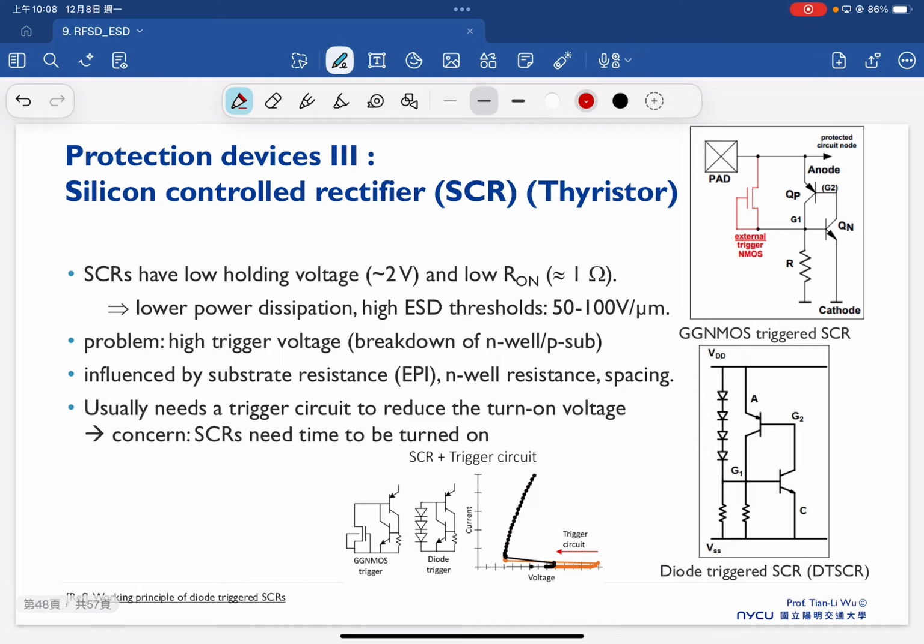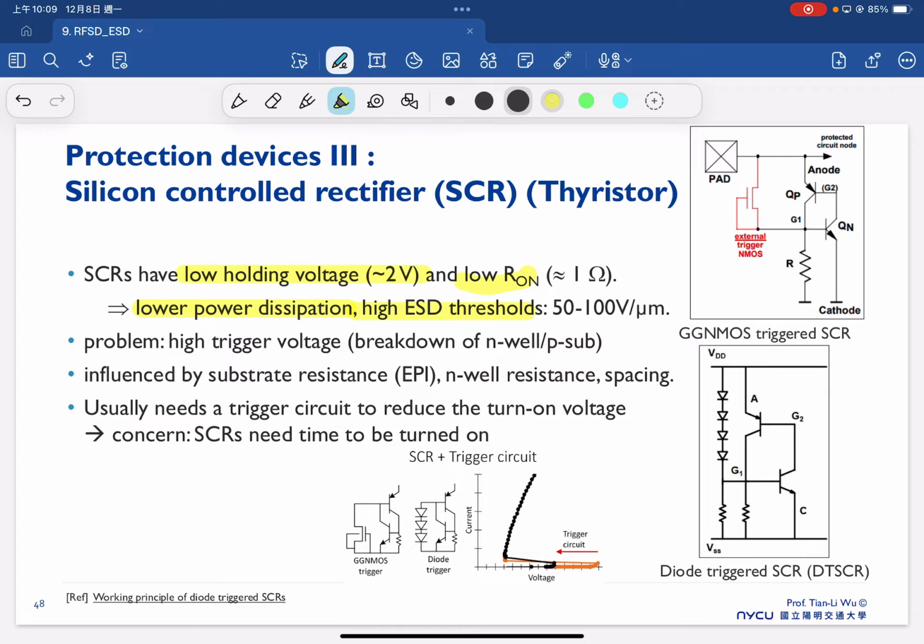Also, we might start to consider using the SCR, which is the structure that we have already mentioned before. The SCR has some advantages: a lower holding voltage and also a low R here. Therefore, in the end it can have a lower power dissipation and also a high ESD threshold.